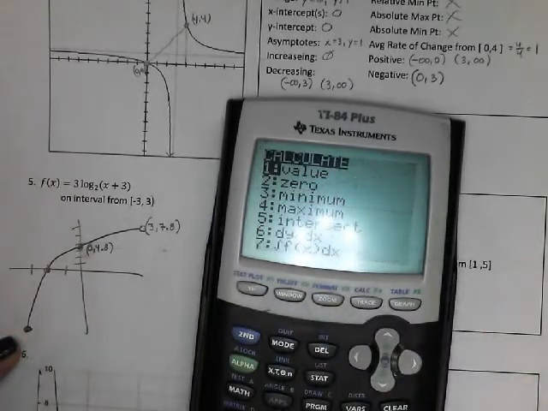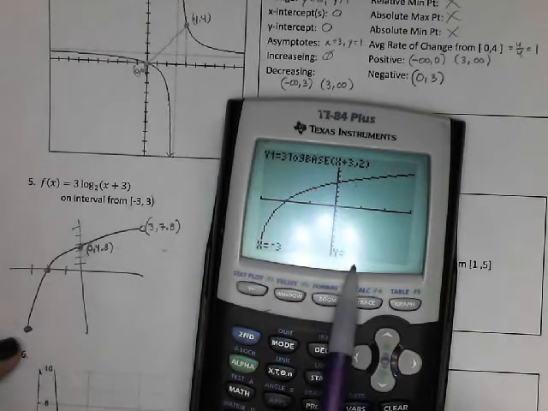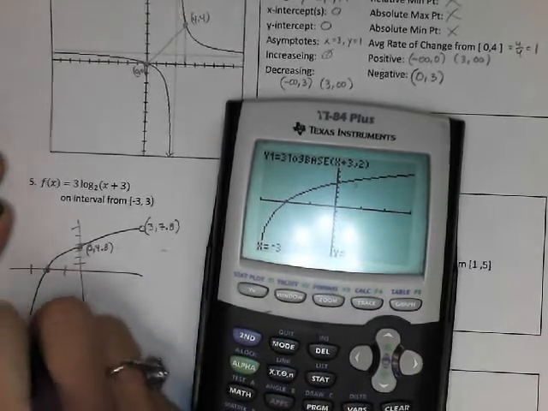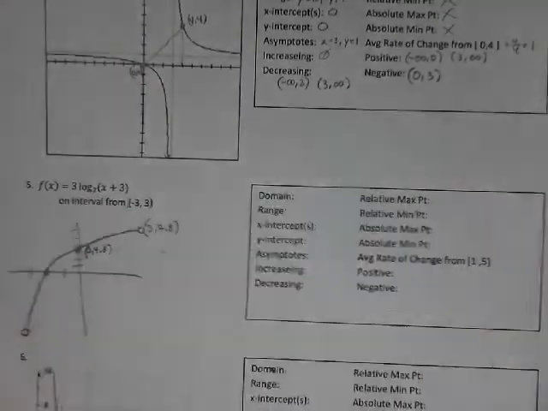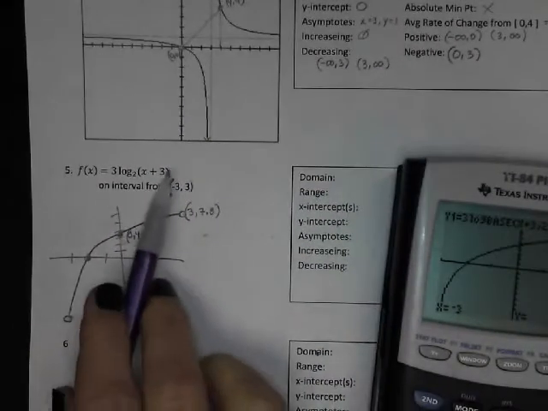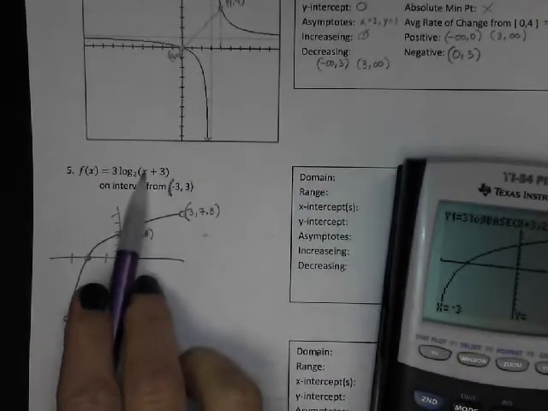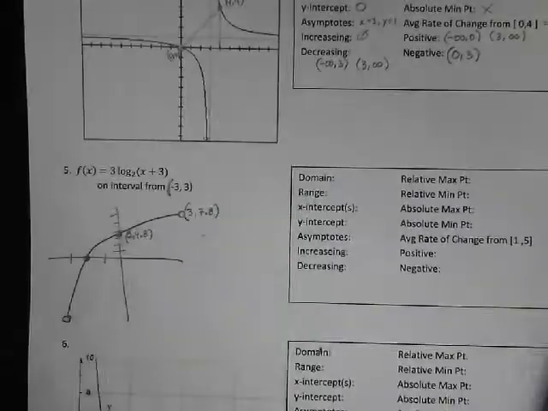Second trace value. If you plug in a negative 3, you're going to get nothing. So there actually is no point there. Even though they used a bracket, actually you can't use a bracket there. That must be a mistake on my part, because negative 3 is not in your domain, because that'll make you take the log of 0, and you can only take the log of positive.